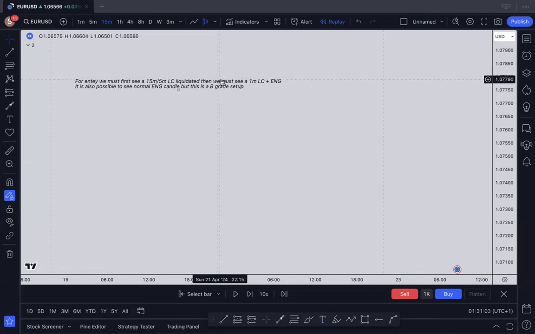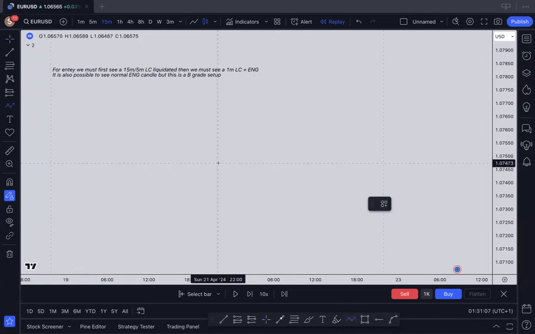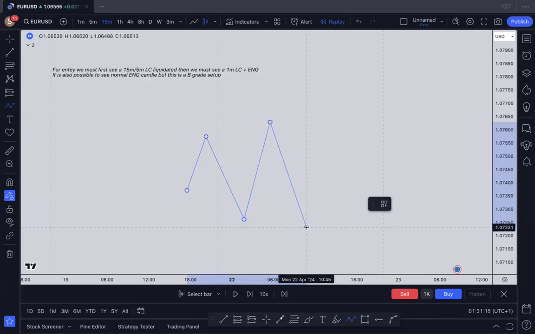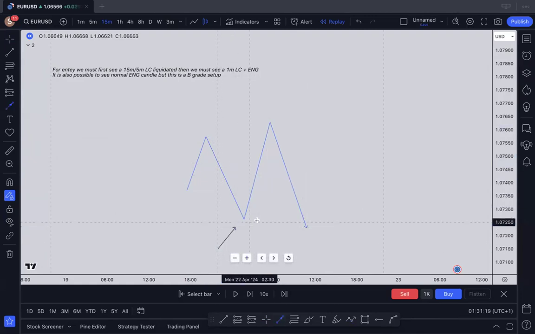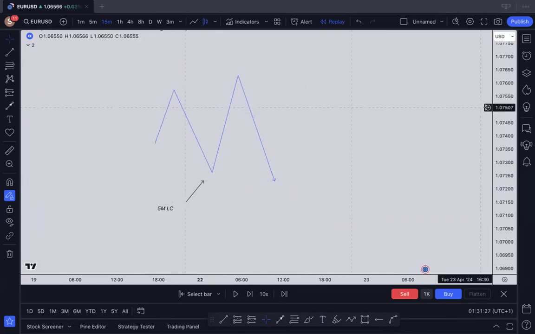Okay, so what do I mean by this? So first of all, we must see a liquidity candle liquidated. So say, for example, we come in here and we see something like this. Okay, this here is a liquidity candle. Say, for example, on the 5M LC.